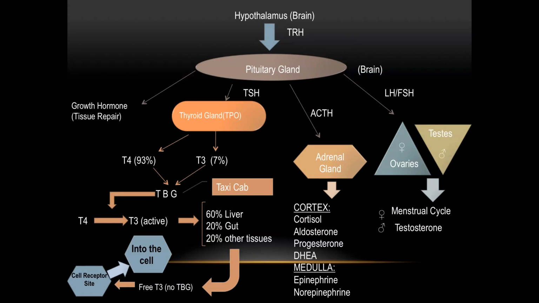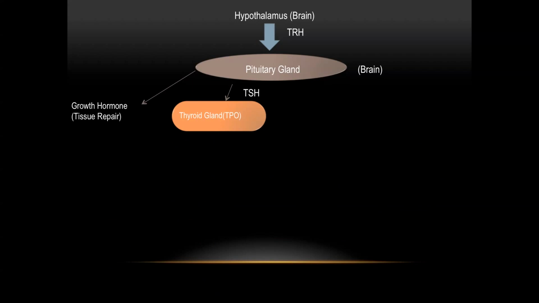This is an overview of the thyroid gland and how it is converted. It all begins in the brain. The hypothalamus releases a hormone, TRH, to the pituitary gland. The pituitary gland then signals the release of TSH, which is what is usually tested on lab work.